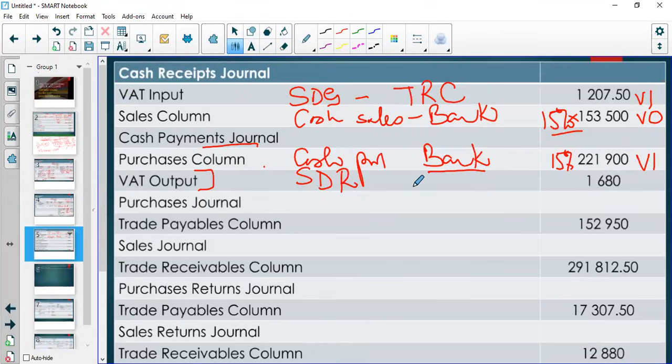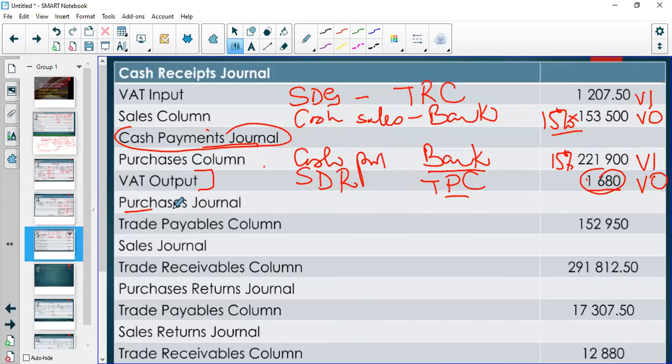Right, and like we've demonstrated just now, it's going to be obviously VAT output, and it's okay as it is. And the description is going to be your trade payables control, because we were making payment and we received a benefit for which we are being charged VAT.